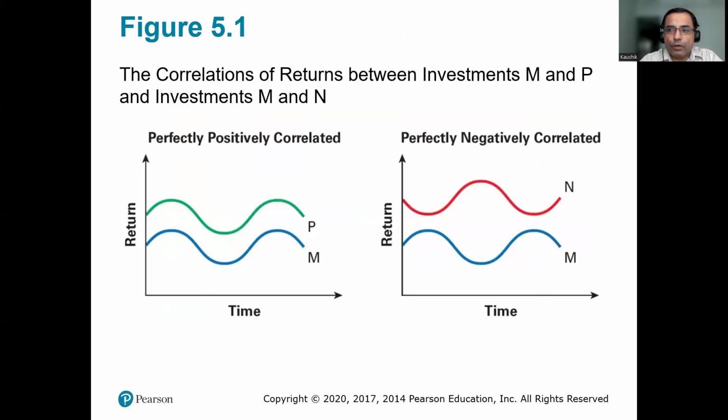If it is perfect positive correlation, both will move in the same direction. And if it is perfect negative correlation, the returns will move in perfectly opposite direction. So when one stock is at its highest return, the other will be at its lowest return. Similarly, in perfect positive correlation, whenever one stock gives the highest return, the other stock will also give its highest return.